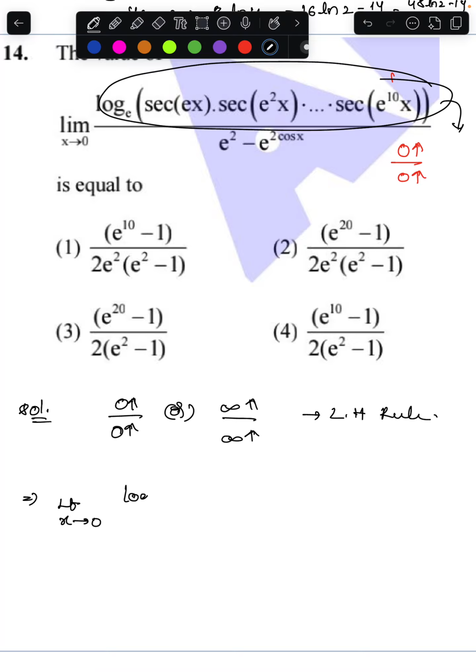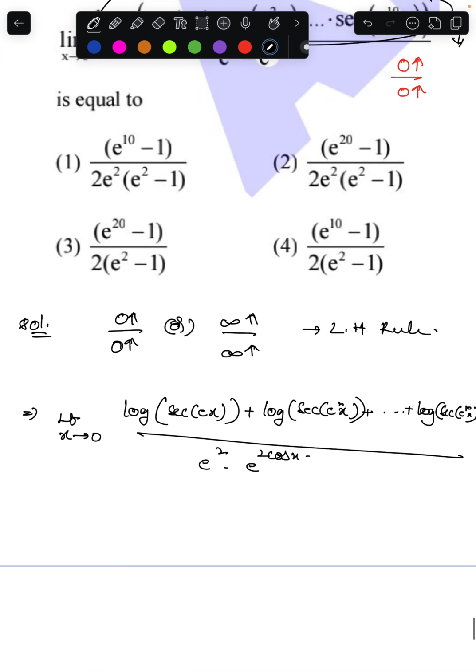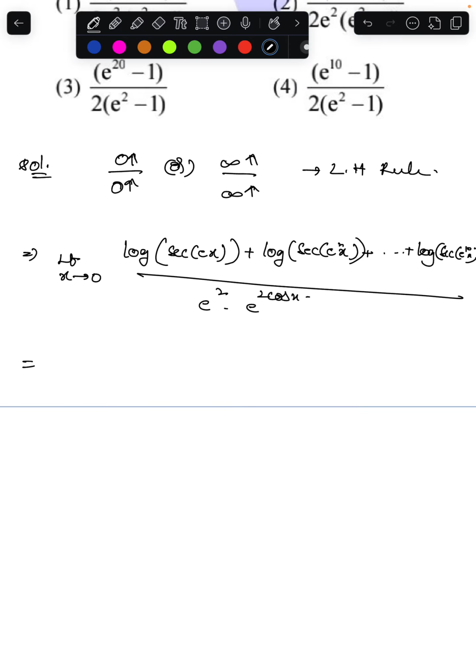That means log of secant ex plus log of secant e square x plus and so on, log of secant e power 10 x, whole by e square minus e power 2 cos x. Now it will be easy for us to differentiate.